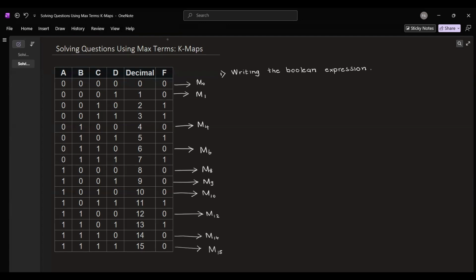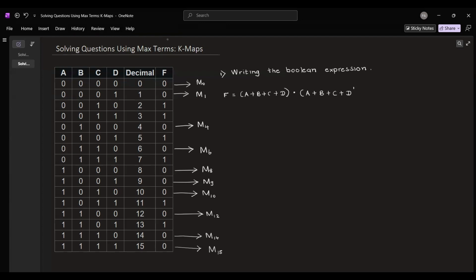Since we are using Maxterms, we know that the form of the Boolean expression will be POS, product of sums. So let's write that down. F equals, since we are considering only zeros in Maxterms, we will write it down as A plus B plus C plus D into A plus B plus C plus D bar.